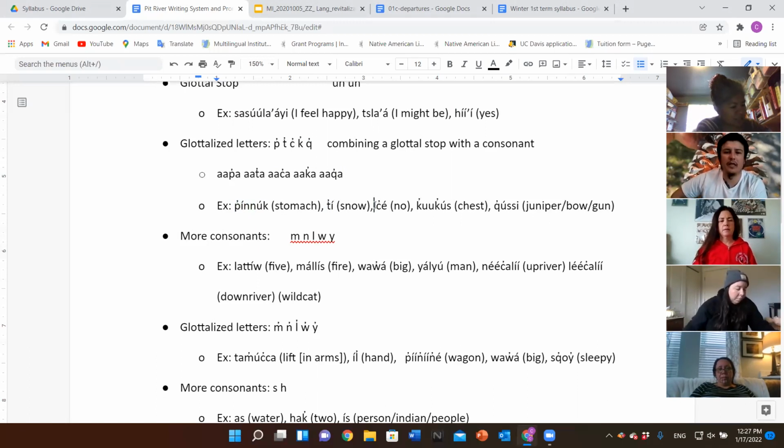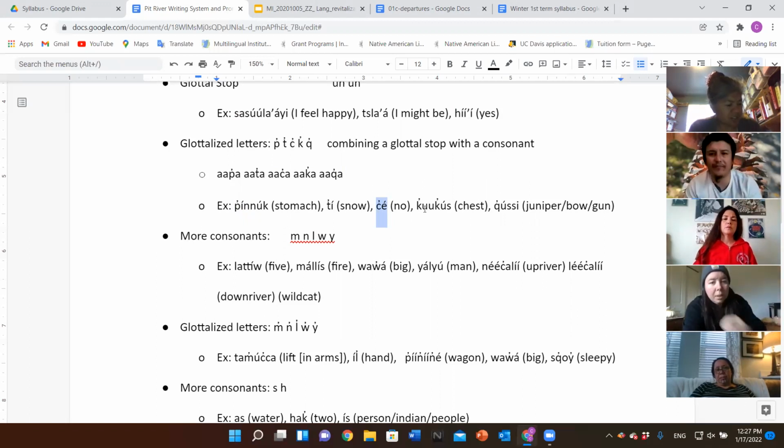Then here we have J. Instead of Che, it's J. And then here we have two glottal Ks in this word. So kokos. And then here the glottal Q is closey.